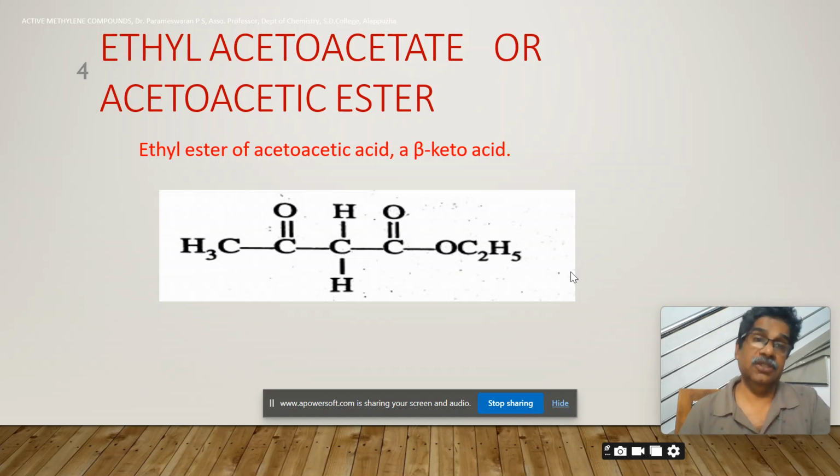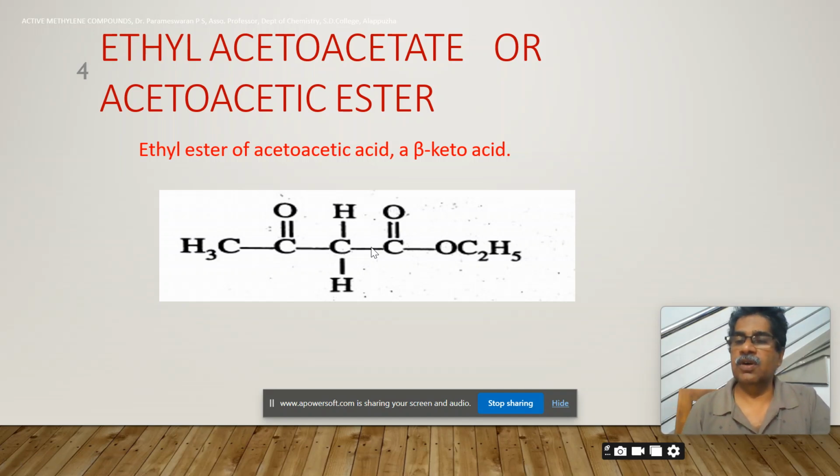For its ethyl ester, the H of COOH is replaced by C2H5. Then it is known as ethyl acetoacetate, ethyl ester of acetoacetic acid. Okay, so this is the structure of ethyl acetoacetate.